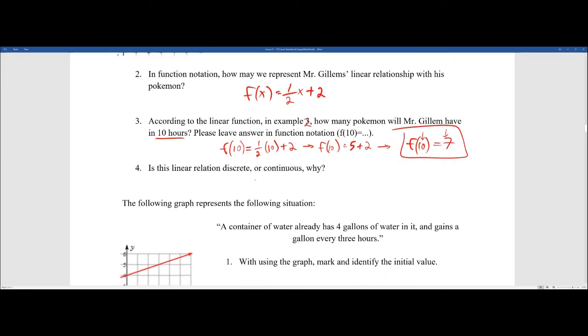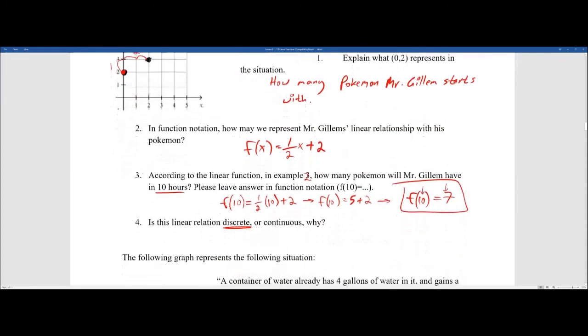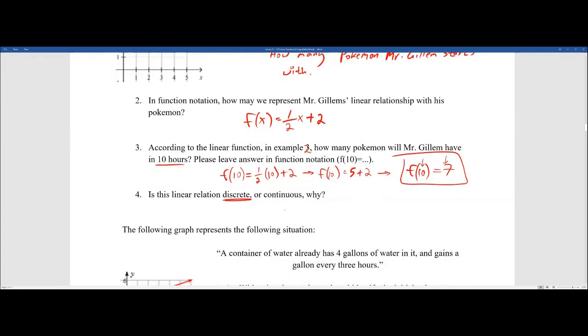Now, is this linear relation discrete or continuous? Definitely discrete, because if you look at the graph, there's no line. They're all disconnected, because you can't have 1.5 Pokemon. Since the graph is dotted, no lines.